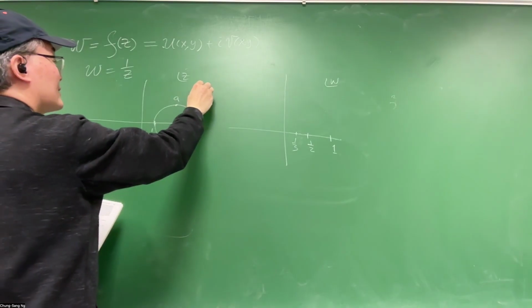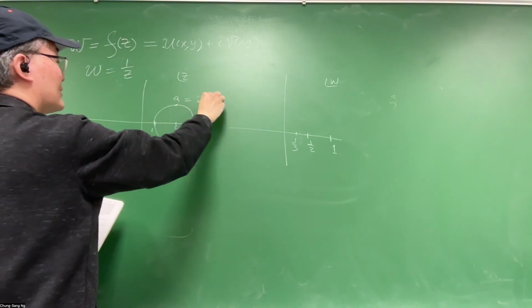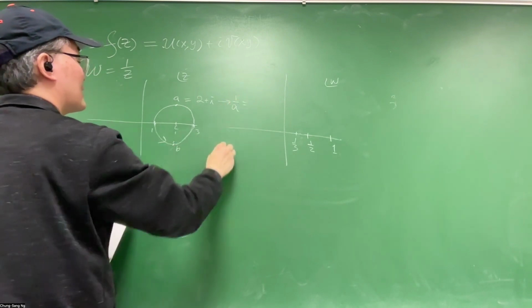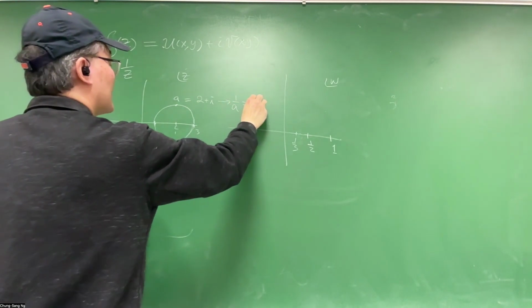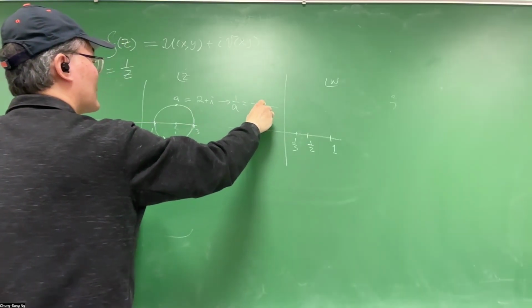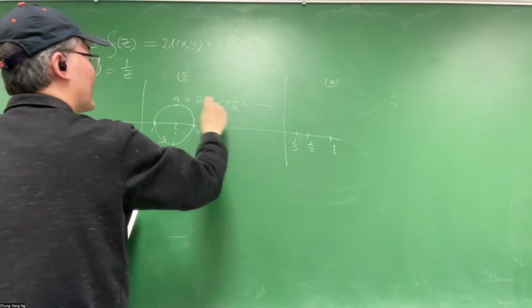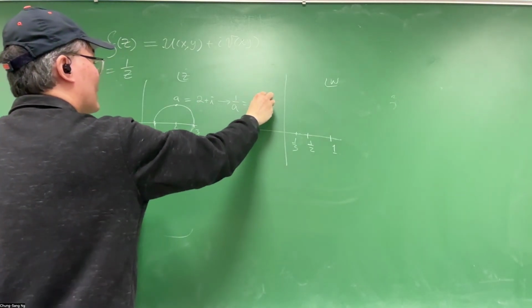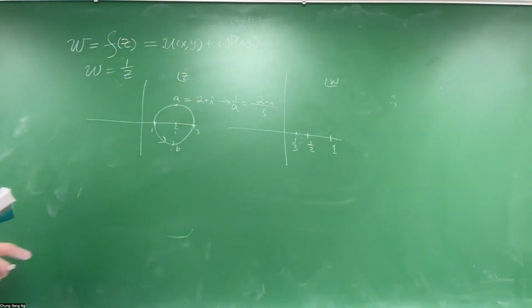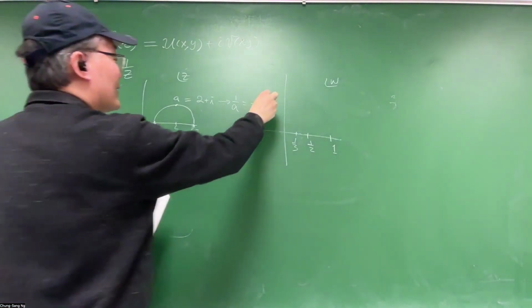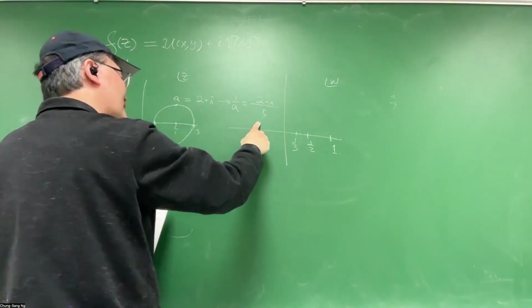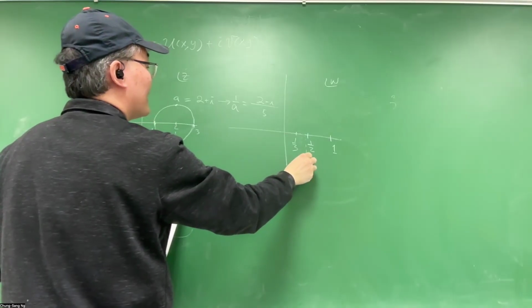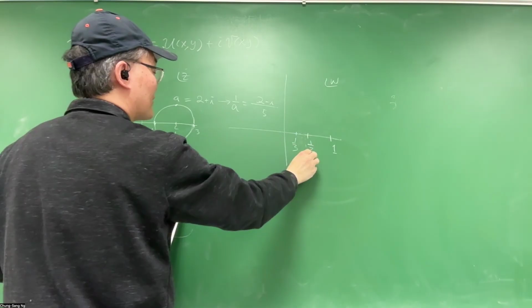A is 2 plus i, so it will map to 1 over A. 1 over A has 2 plus i in the denominator, which gives 2 minus i over 5. So that is 2/5, slightly less than 1/2, and minus 1/5 i.